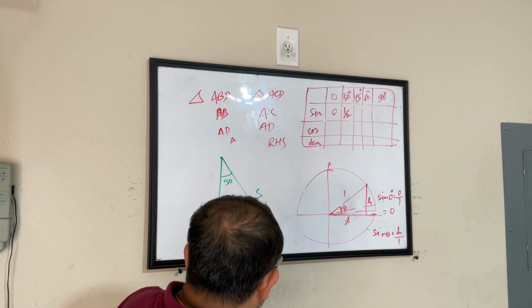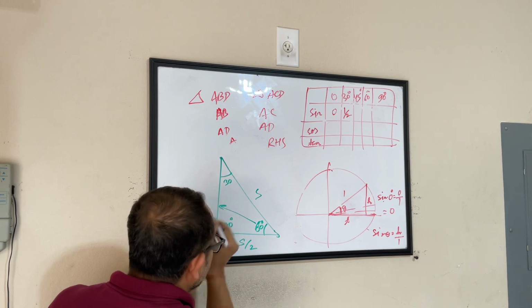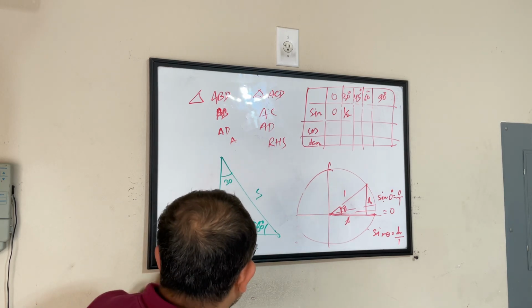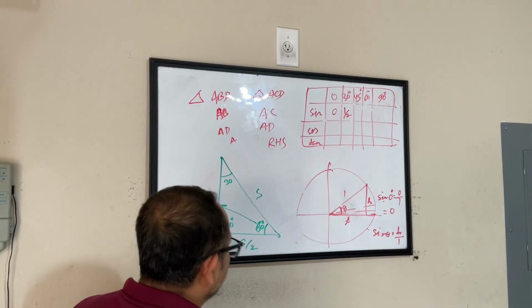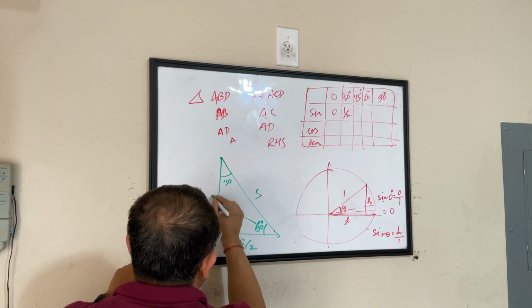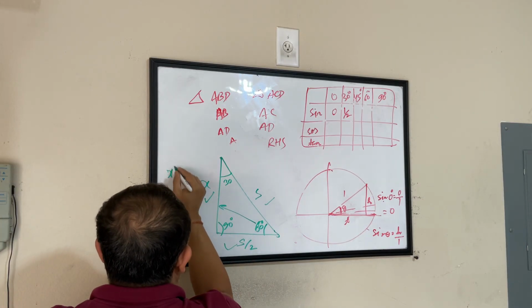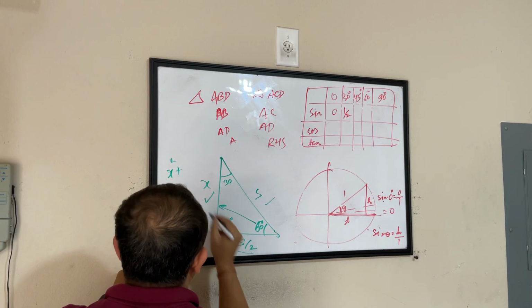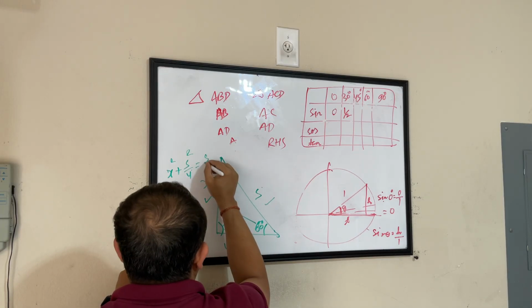Okay, so if I have to find out sine 60 degree, then I have to find out this side's length by hypotenuse. Now this side's length, this is still a right angle triangle. So Pythagorean theorem applies. What does Pythagorean theorem say? This square plus this square equal to this square. So let's say this is x. So x square plus S by 2 whole square, that is S square by 4, equal to this S square.